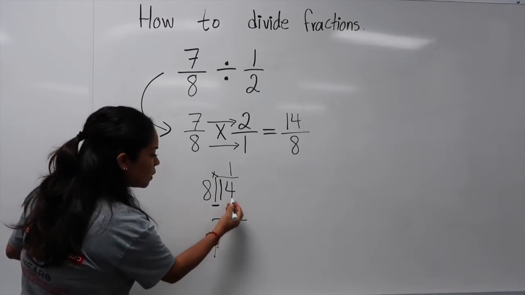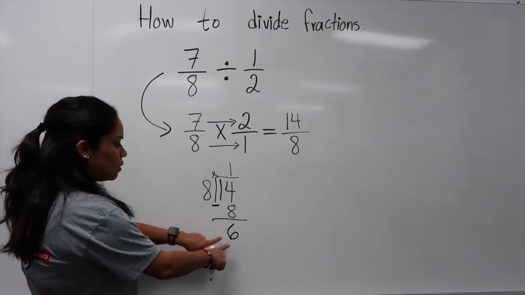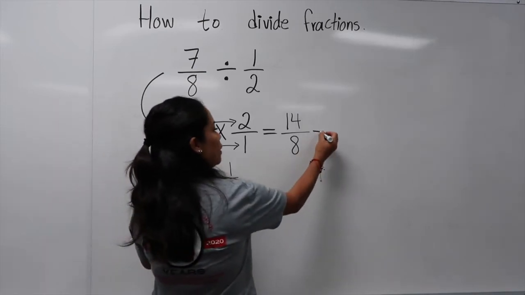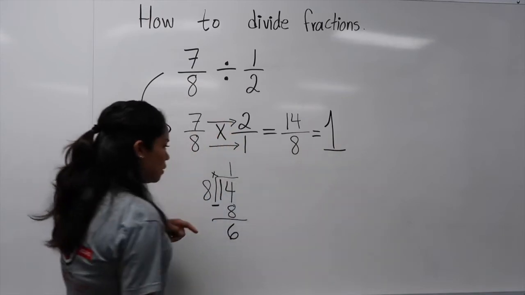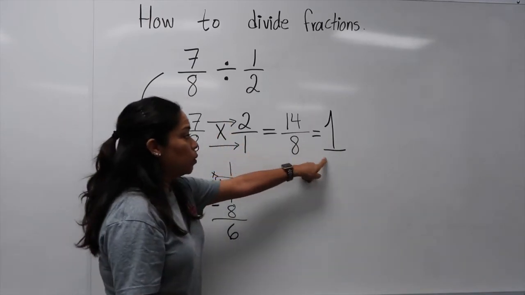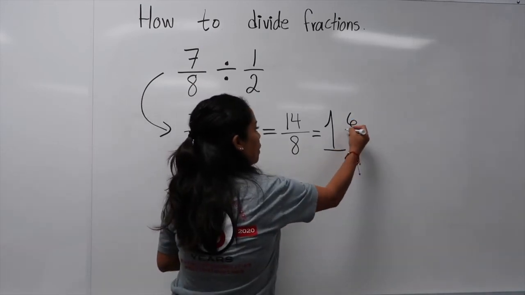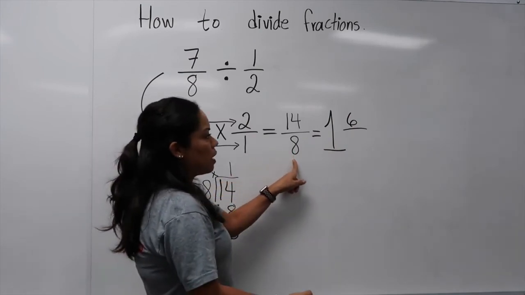We subtract. 14 minus 8 is 6. So we have 1. Remember that the quotient is our whole number. The remainder will be your numerator, and we keep the same denominator.